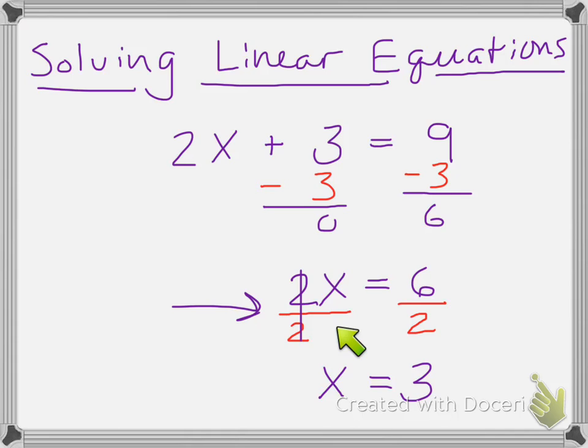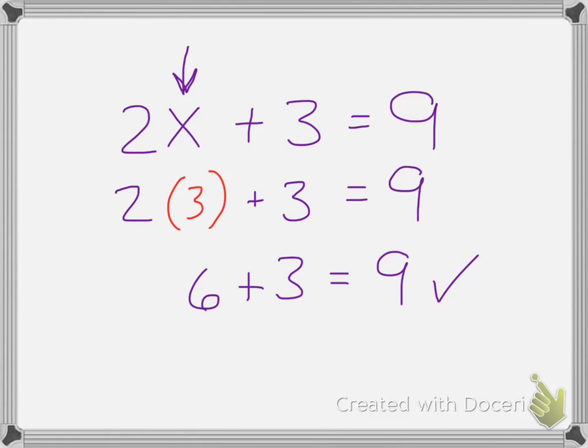To undo the multiplication, I divided by the same number, and if I did it on that side, I have to do the same thing on the other side. And then when I'm finished with the problem, I want to substitute the number that I came up with for the variable and check to see if it is a true statement. If it is a true statement, then I know that that is the correct answer.